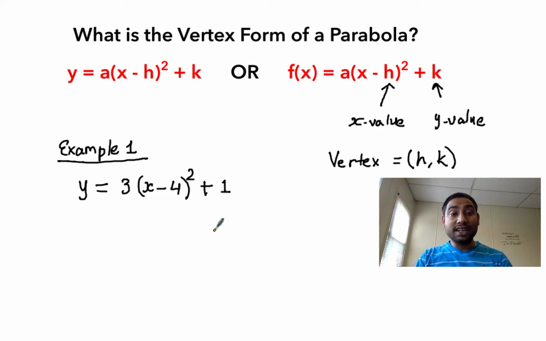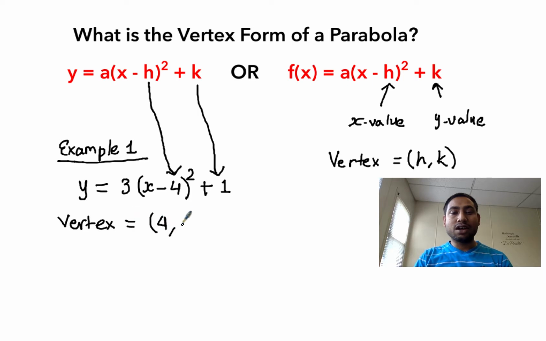To find the vertex of that parabola, all you gotta do is compare this equation to a times (x minus h) squared plus k. If you do that, then you see in place of h, you got a 4, and in place of k, you got a 1. So the vertex of this parabola is (4, 1).